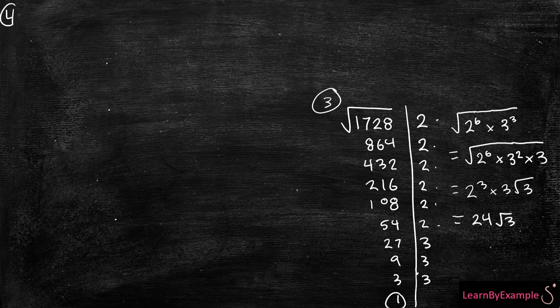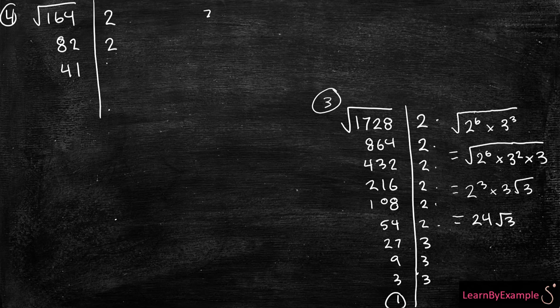So the last example I'm going to do is the square root of 164. And this is divisible by 2, and that gives you 82. Divisible by 2, that gives you 41. 41 is not divisible by 2. It's not divisible by 3, 4, 5, 6.